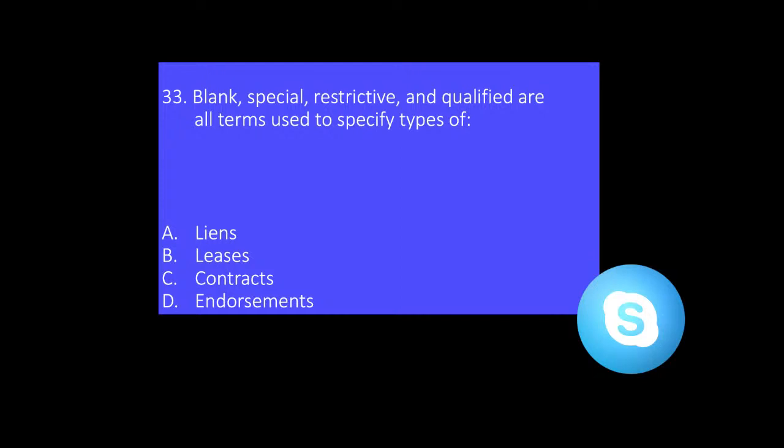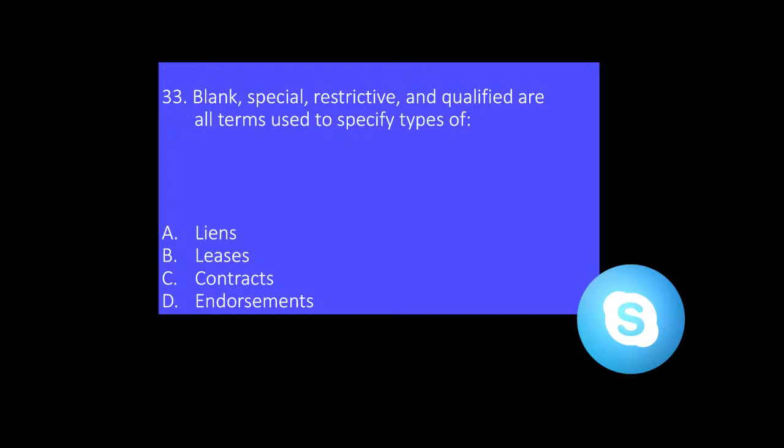Cannot be blank contracts. What is a blank contract? Cannot be qualified contracts. So C is out. Leases, where got blank leases? So blank leases, restricted leases, special leases. No idea. The blank words just throw me off.